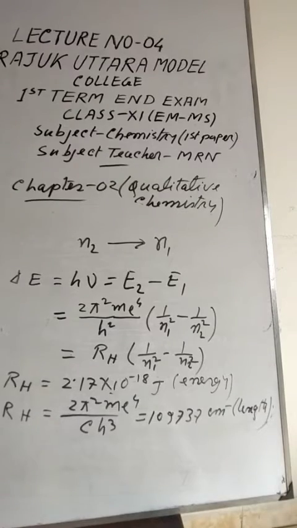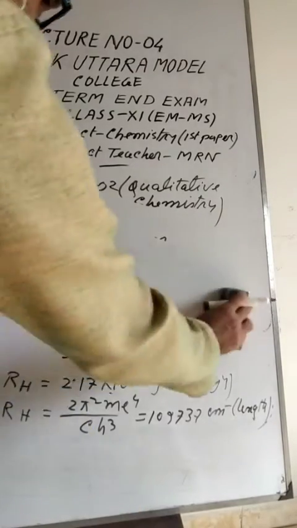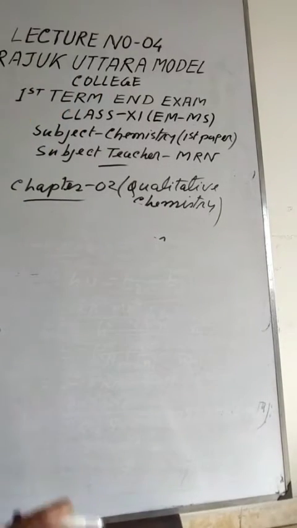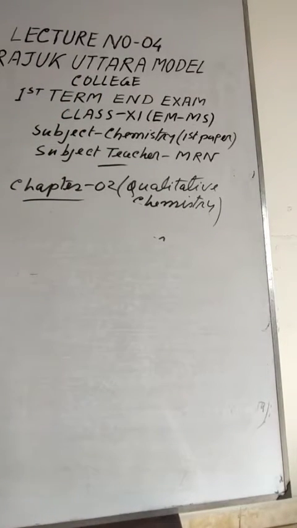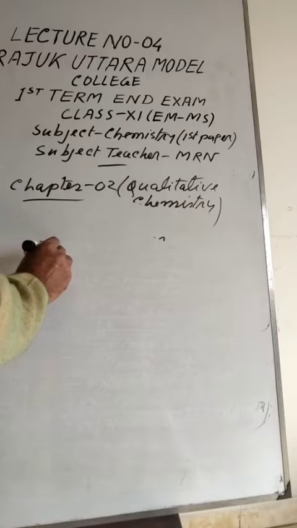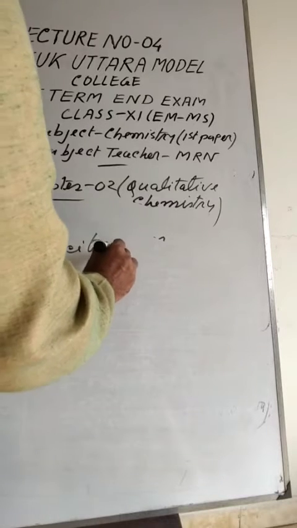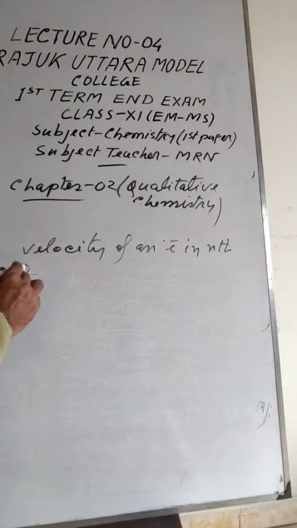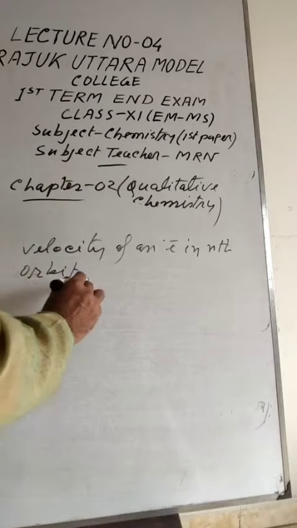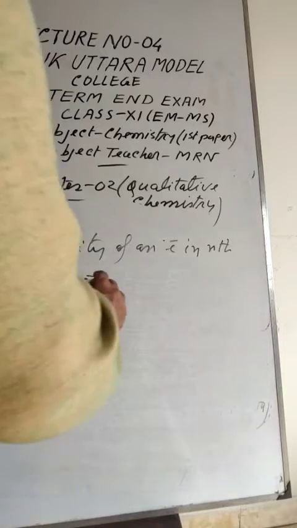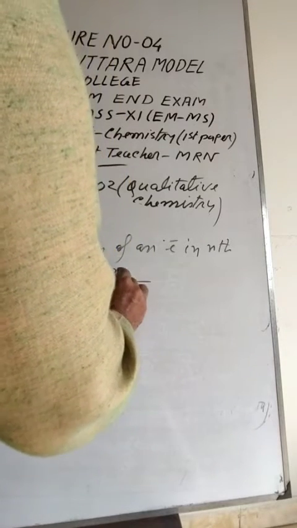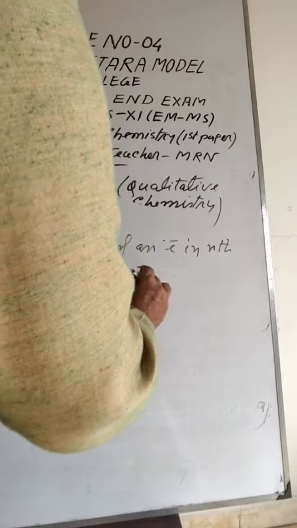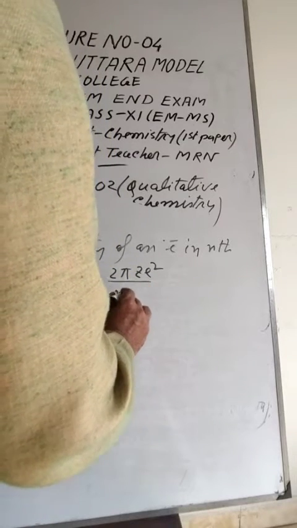Now we are going to get the velocity of an electron. Velocity of an electron in the nth orbit, we know the formula, equals 2 pi z e square by n h.